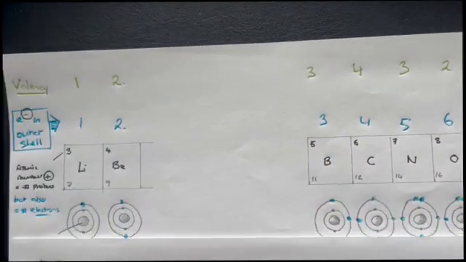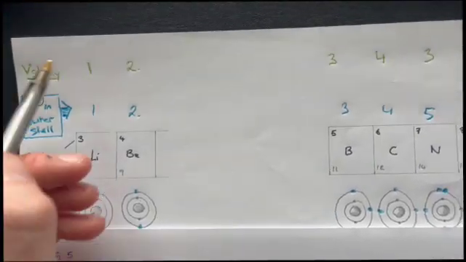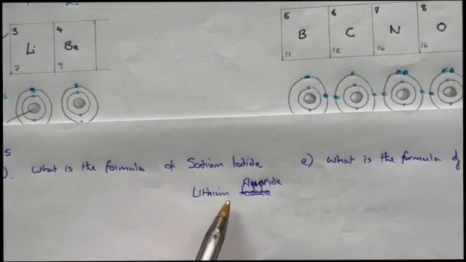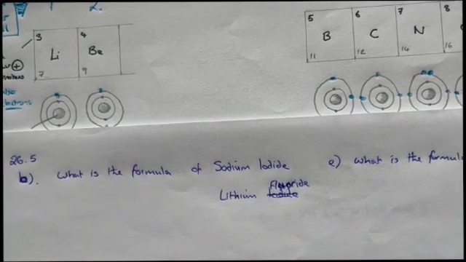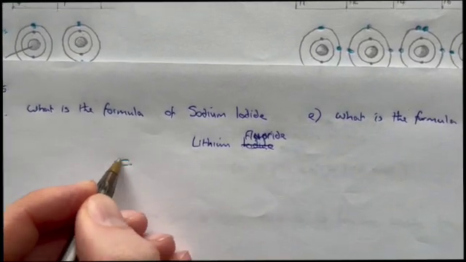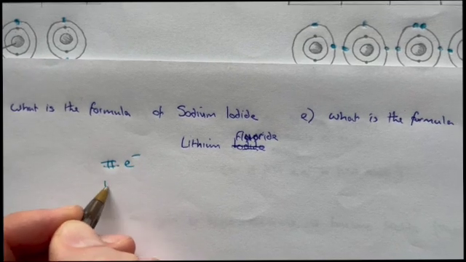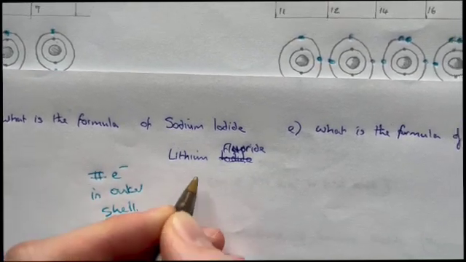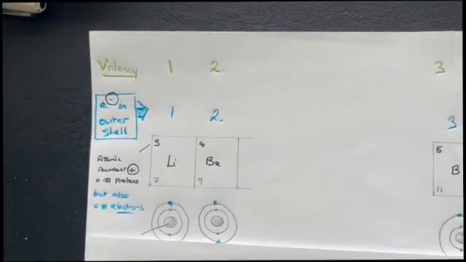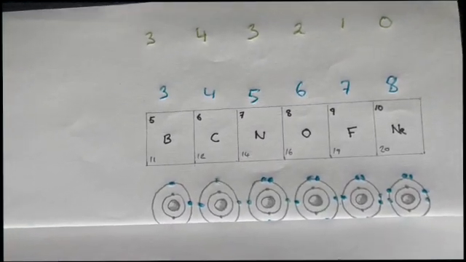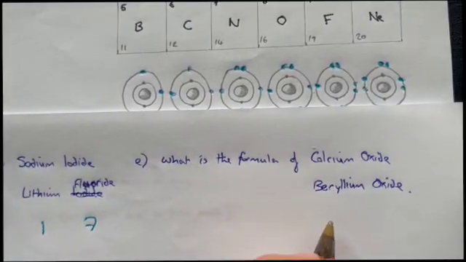So now that I have my valency numbers, I can look and see what it is for the elements in question. My lithium has 1 electron in its outer shell, and my fluorine has 7 electrons in its outer shell. And we'll do this one as well.